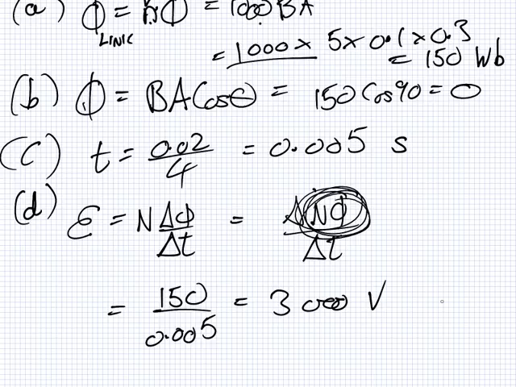This is an AC current of 3,000 volts. The reason it's so big is because it's spinning so fast and because there's so many loops around the plane. So 3,000 volts is not a surprising answer here. I don't think there's anything else really to say about that.